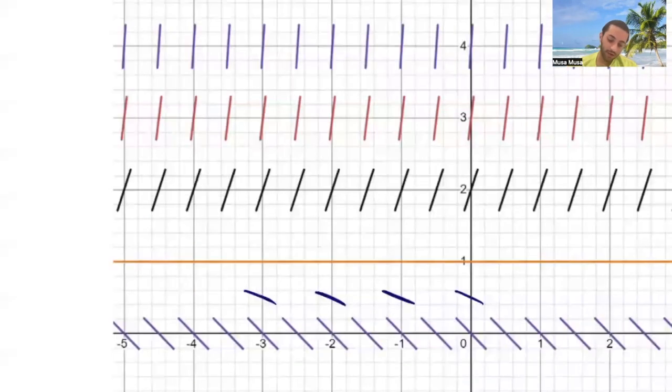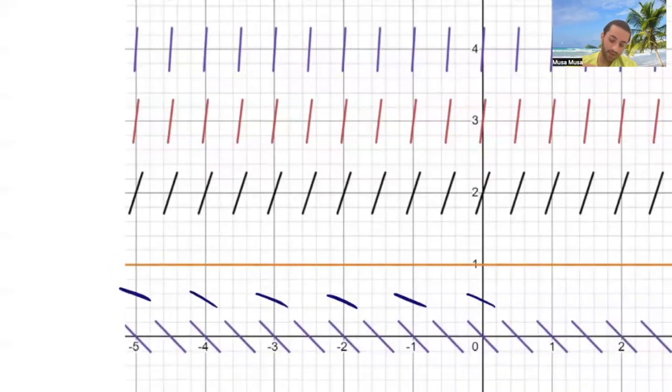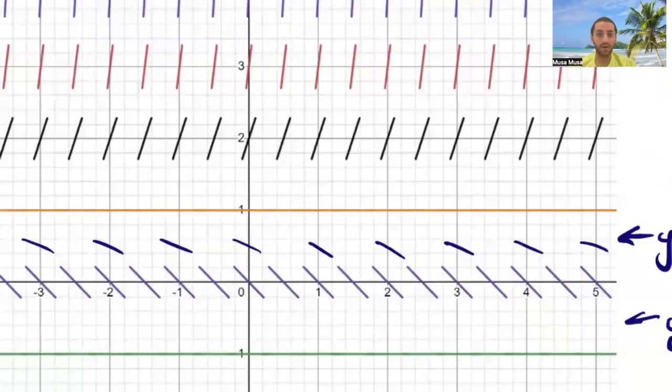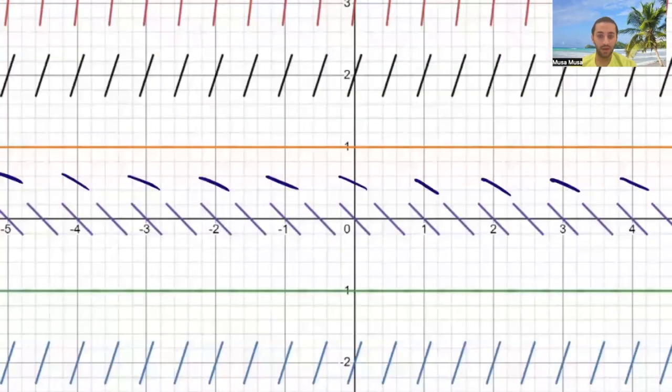Sometimes even I notice that I sort of need more lines to get an idea about what's happening. And what's happening at y equals minus a half, I think it's the same thing. If you sub in minus a half into there, it should be the same.